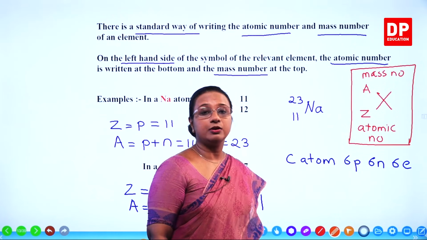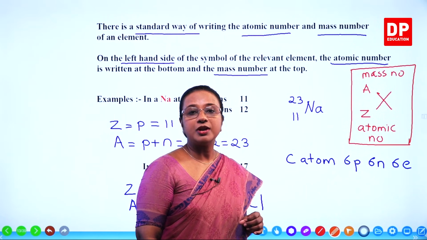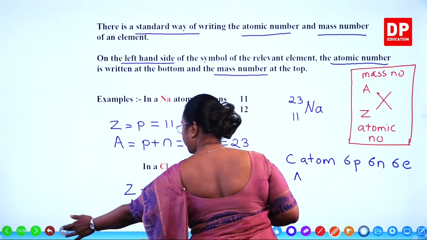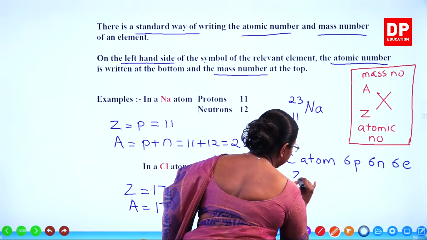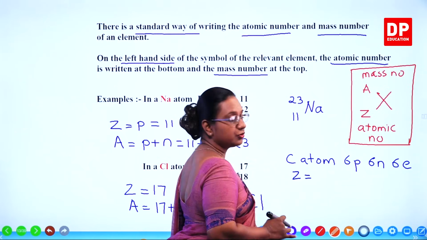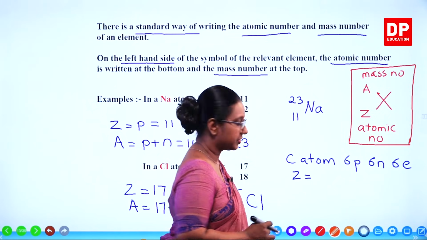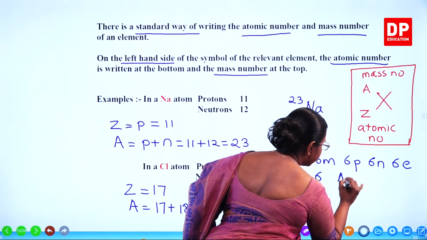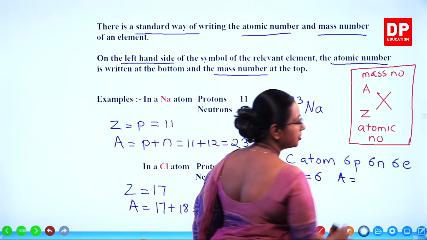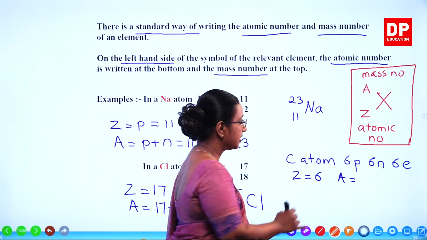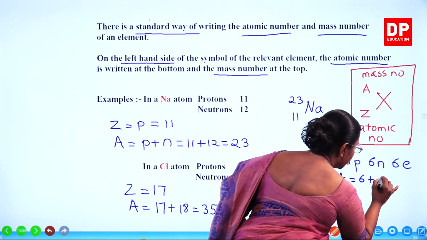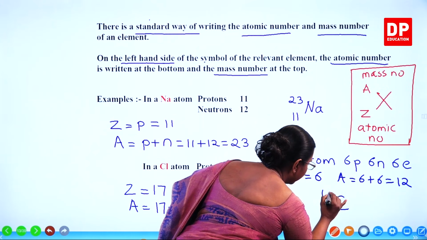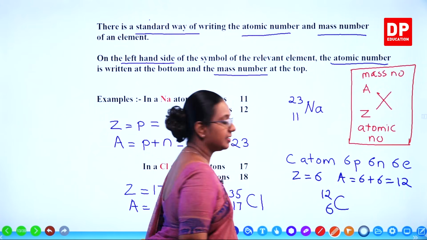All are equal. So if we are to write the standard symbol, we have to find the atomic number Z equals the number of protons, that is 6, and the mass number, number of protons plus neutrons, 6 plus 6, 12. And the standard symbol will be 12, 6 carbon.